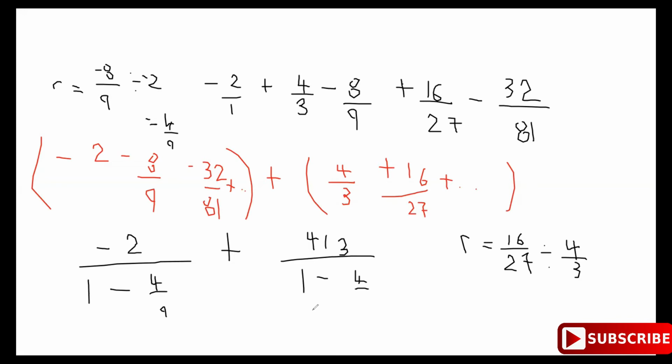So I find the sum now. You add those up. -2 divided by 5/9. This part over here is -3 and 3/5. And then this part right here is 4/3 divided by 5/9, which is 2 and 2/5.